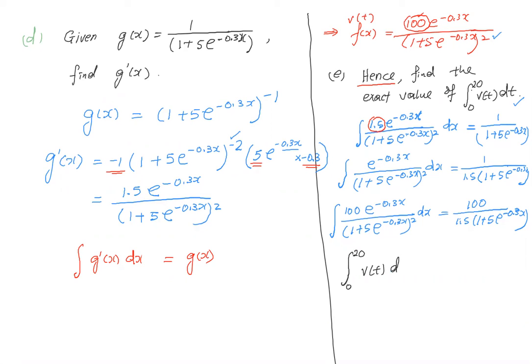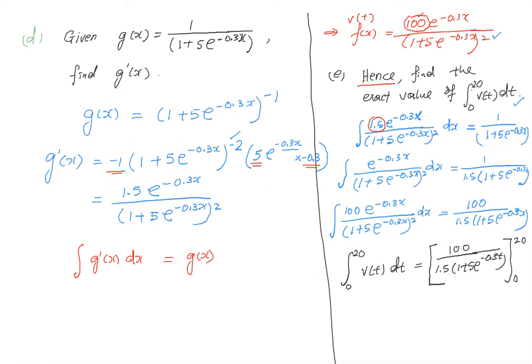DT is equal to open bracket 100 over 1.5, 1 plus 5e to the power negative 0.3t from 0 to 20.